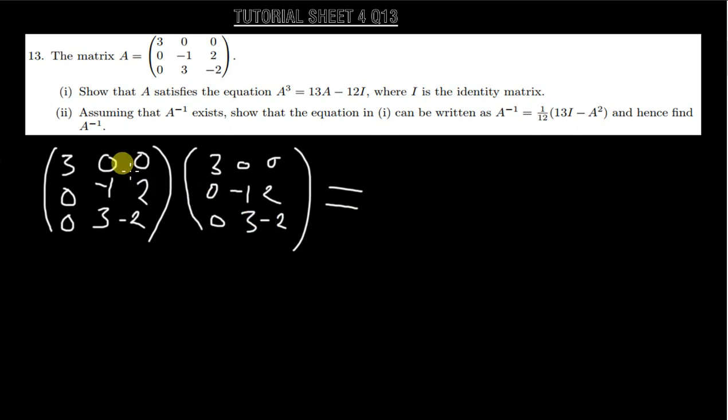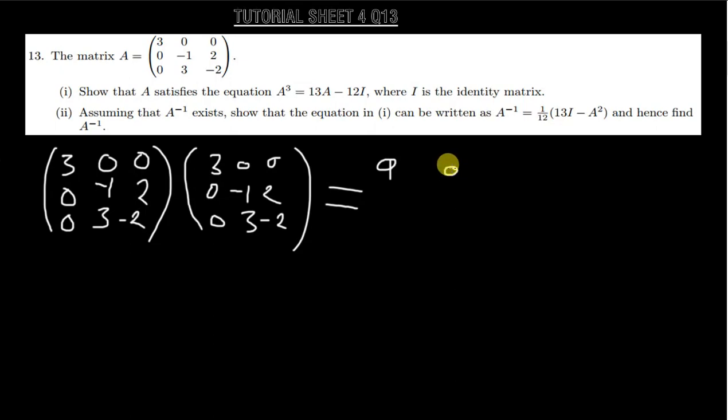So I'm going to have 3 times 3 there. 3 times 3, I'm getting 9. Then 0 times 0, 0 times 0, I'll still get zeros. I move on to the next one there. 3 times 0 to be 0. 0 times 0, 0 times negative 1, 0. 0 times 3, I'll still get a 0 there.